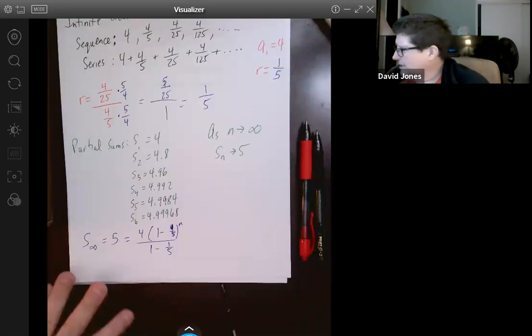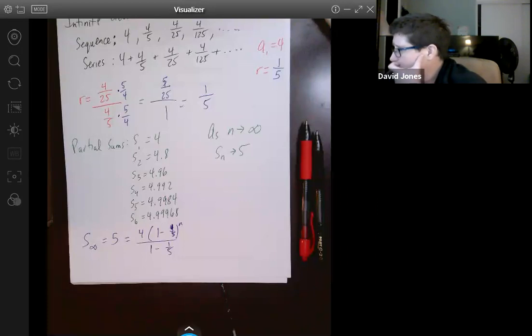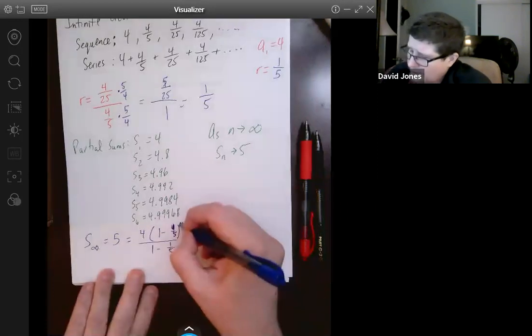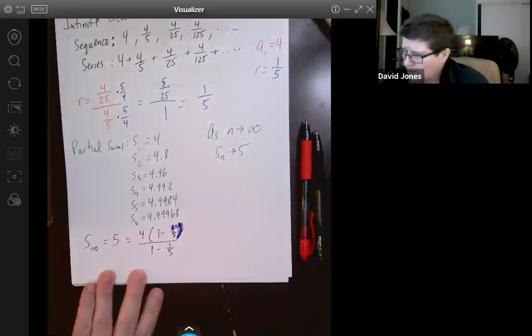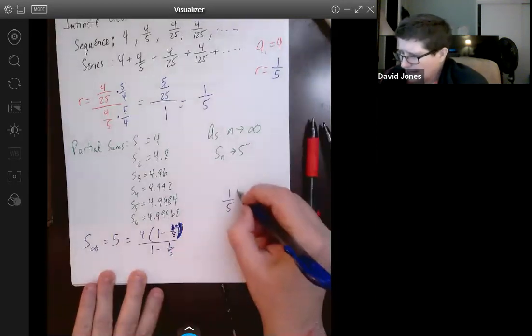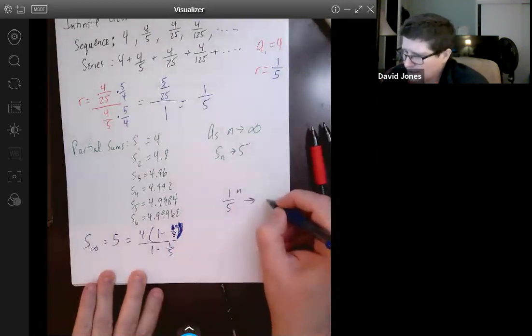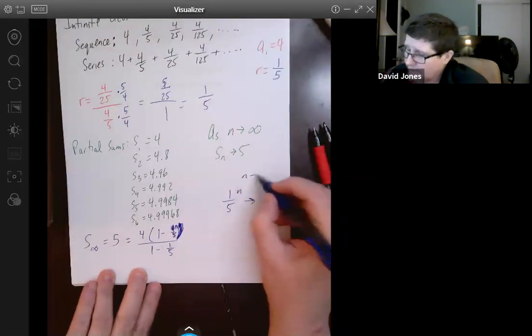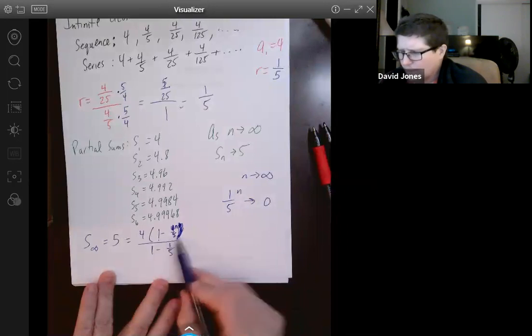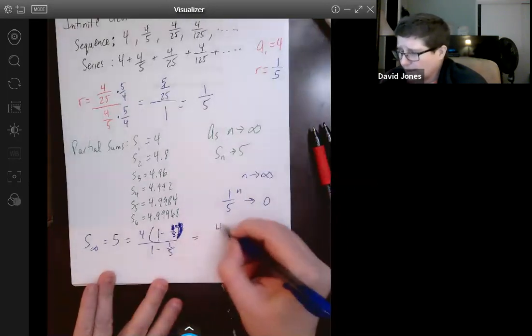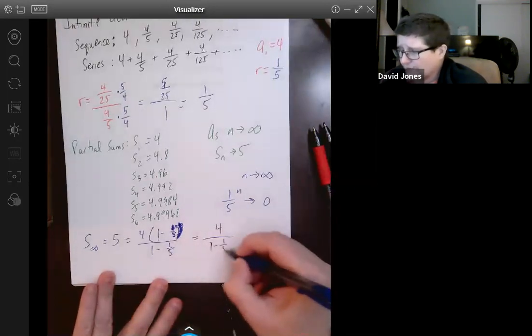That's a little fuzzy. Something's off here. Yeah, that's what's off. The n is on the inside. 1/5 to the n as n goes to infinity goes to 0. So I've got 1 minus 0. This is just 4 on top over 1 minus 1/5.